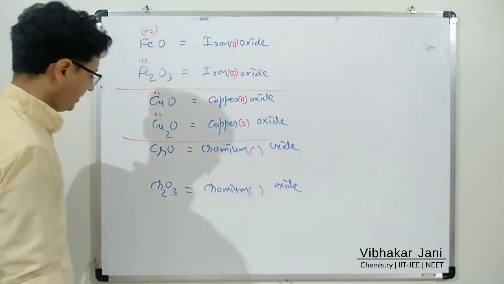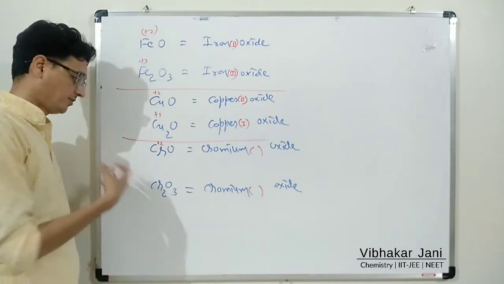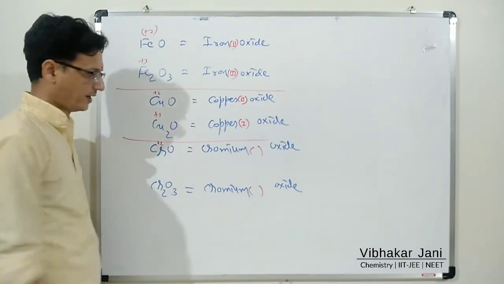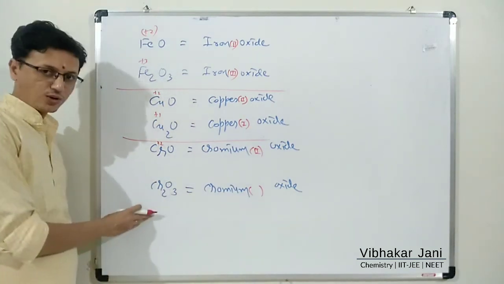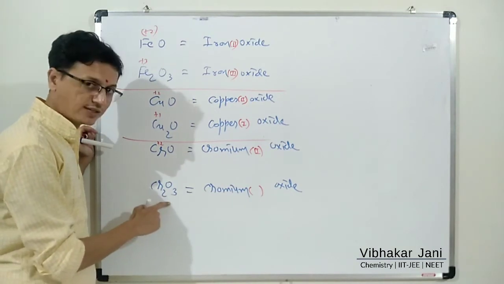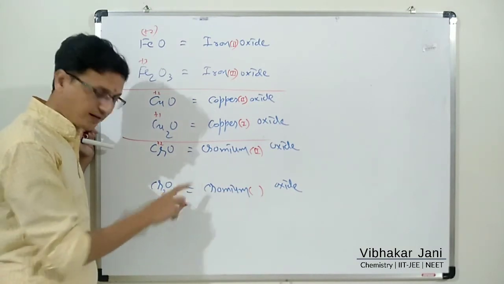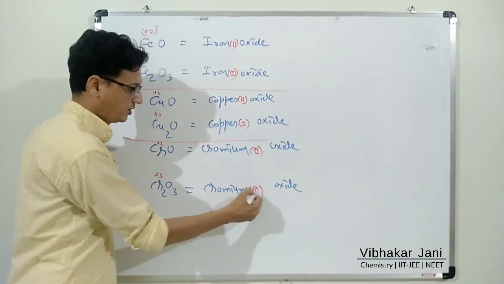In fact, this chromium is in +2 oxidation state. I know very well, I have already calculated. So it is chromium(II) oxide. And this chromium is in +3 oxidation state. 3 times -2 is -6, divided by 2. So each chromium is in +3, so it is chromium(III) oxide.